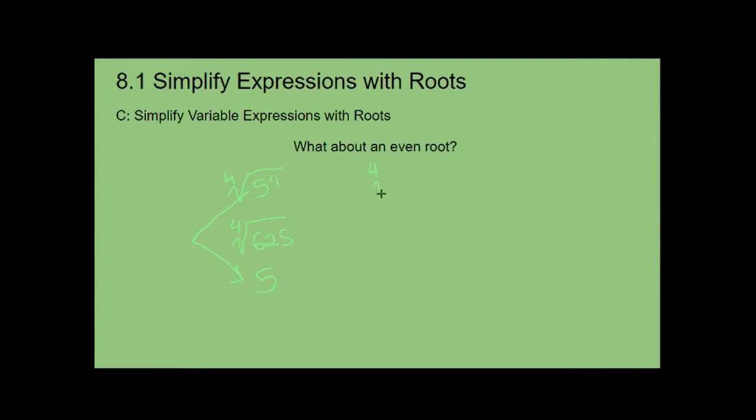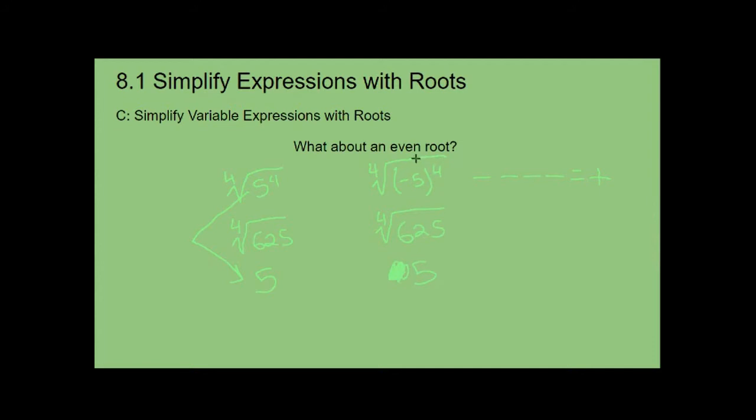Fourth root of negative 5 to the 4th power. That is equivalent to the fourth root of 625, because anything to the 4th power is going to be positive, since we have a negative times a negative times a negative times a negative. That equals a positive. So here we have the fourth root of positive 625, and that is positive 5.